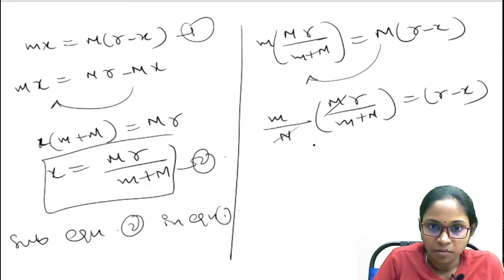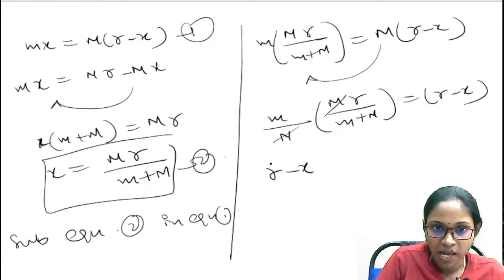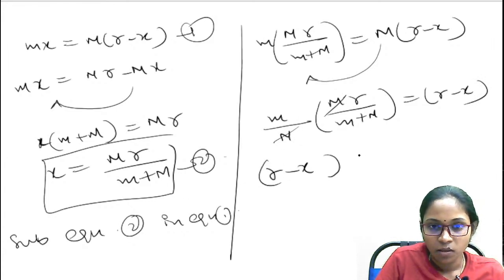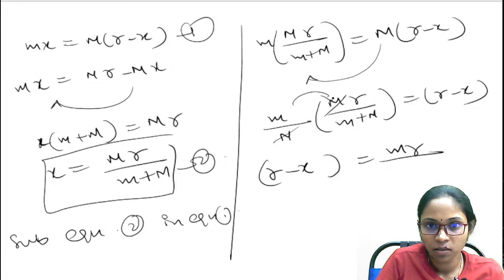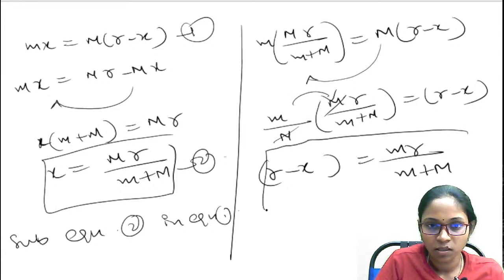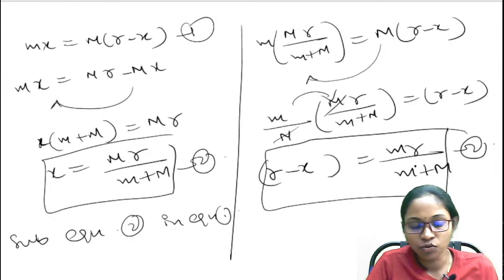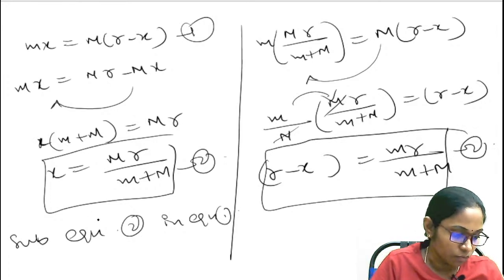So capital M gets cancelled. Therefore, r minus x is equal to small m into r divided by m plus capital M. This is equation number 2.